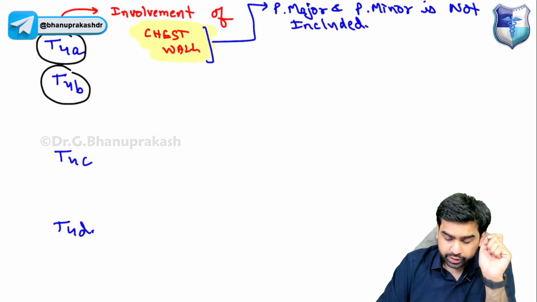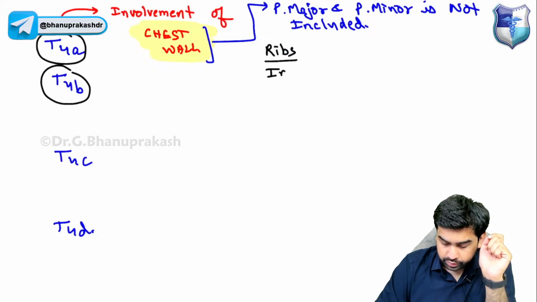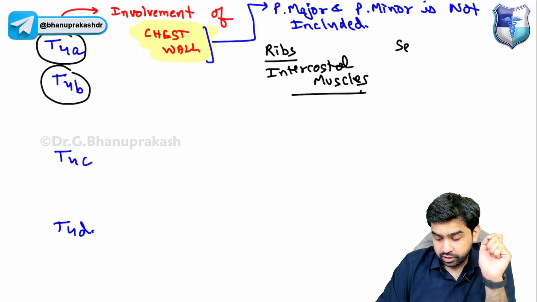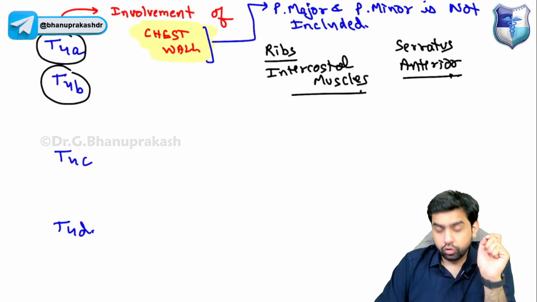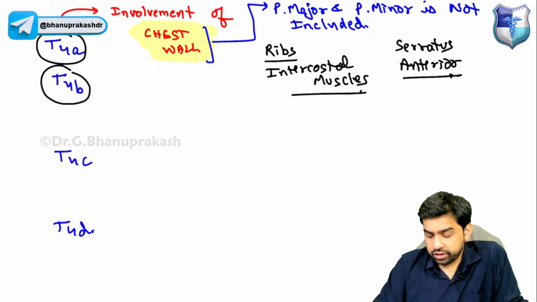What is included? The ribs, intercostal muscles, and serratus anterior. Involvement of the ribs, intercostal muscles, and the serratus anterior is included.